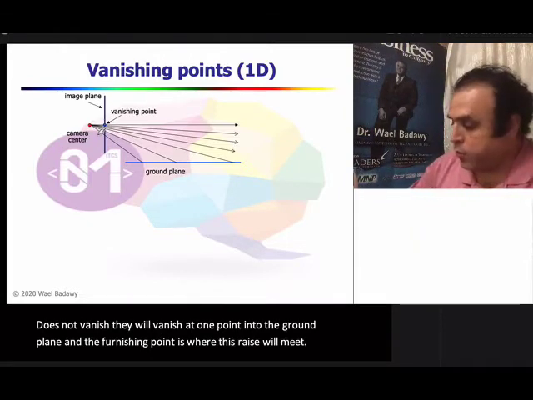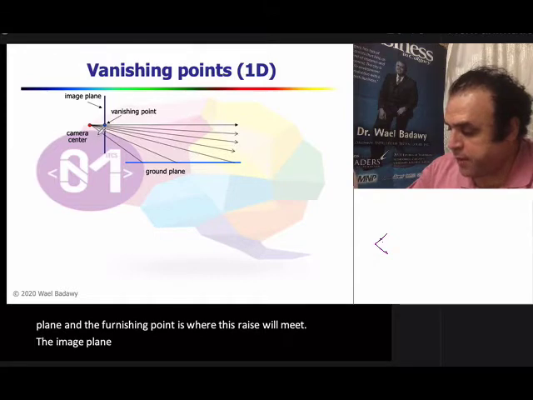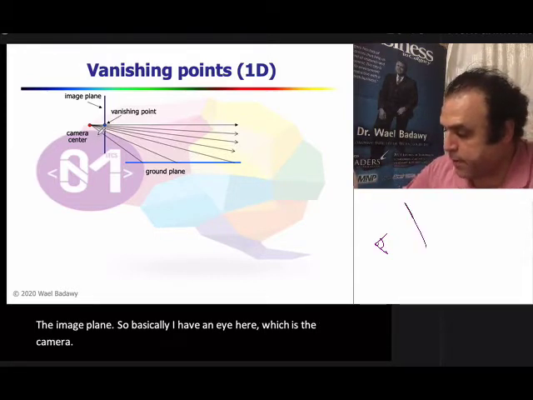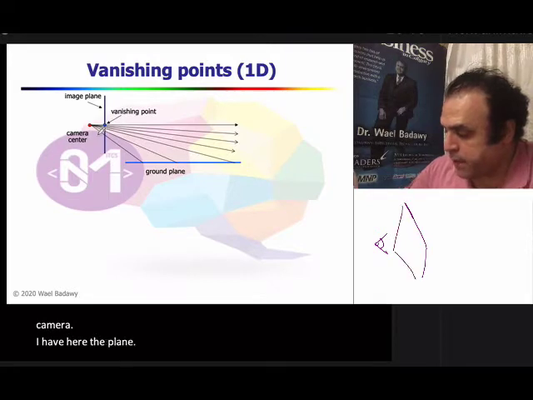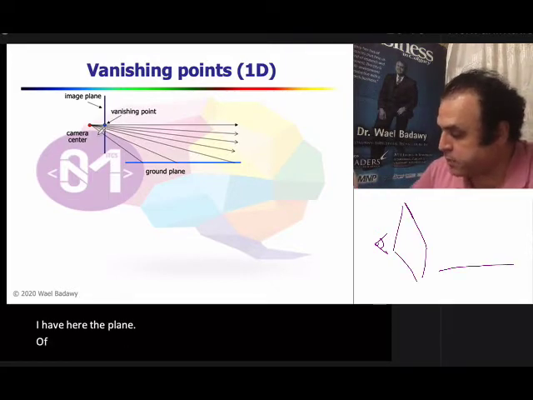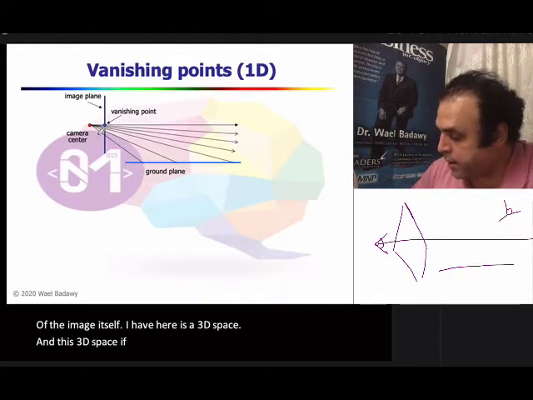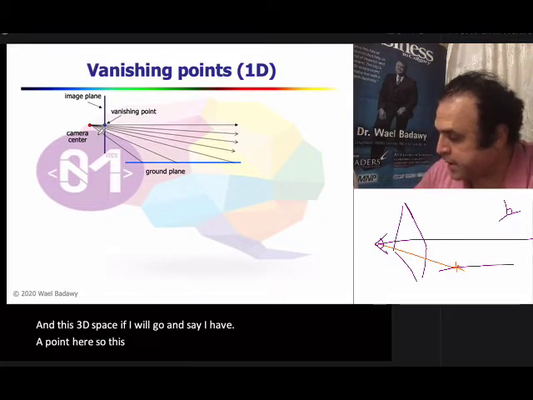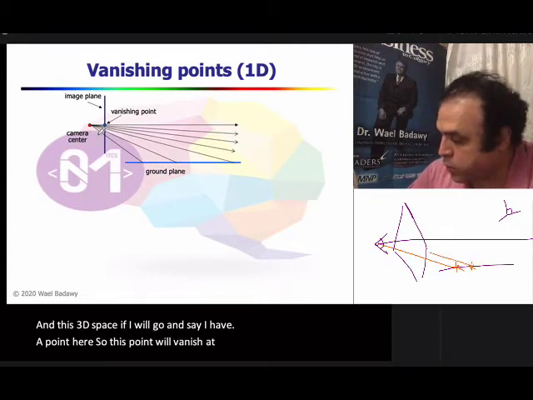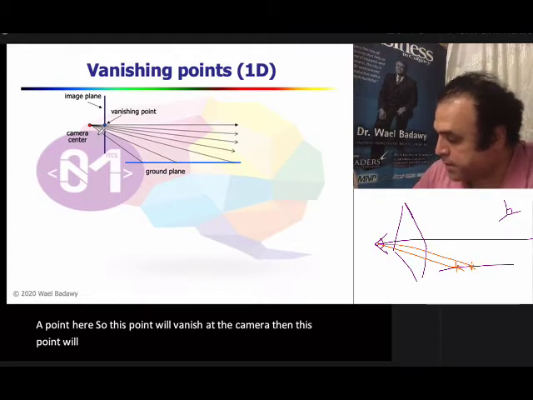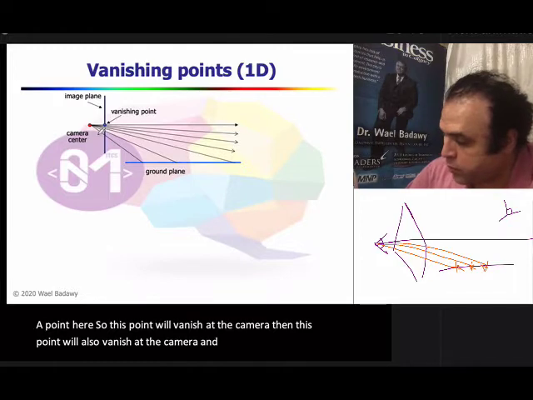the image plane. So basically I have an eye here, which is the camera. I have here the plane of the image itself. I have here the 3D space, and if I say I have a point here, this point will vanish at the camera, then this point will also vanish at the camera, and this point will also vanish at the camera.